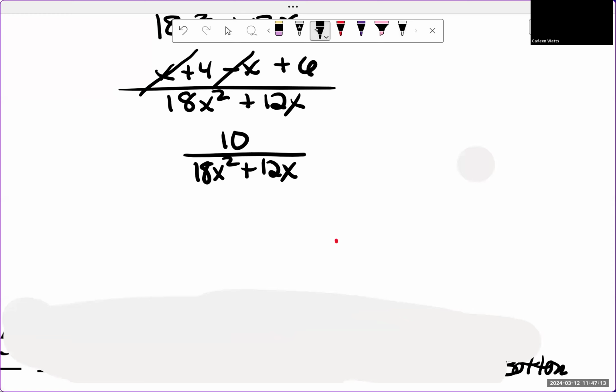Okay, next step. What do you notice about 10, 18, and 12? They'll divide by 2. So I have 2 times 5, and I'm going to factor out a 2.